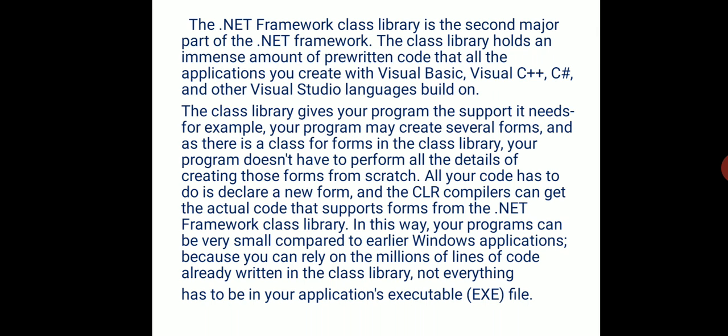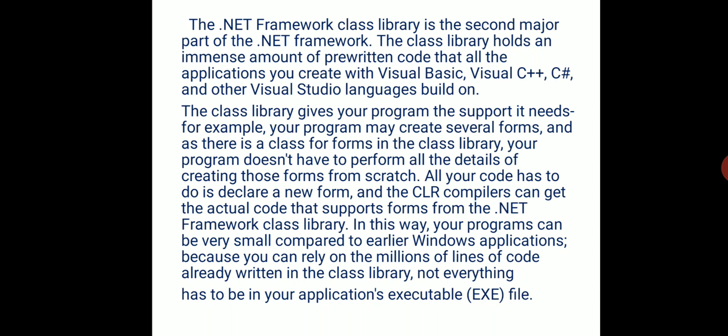For example, your program may create several forms, and as there is a class for forms in the class library, your program doesn't have to perform all the details of creating those forms from scratch. All your code has to do is declare a new form, and the CLR compilers can get the actual code that supports forms from the .NET framework class library.